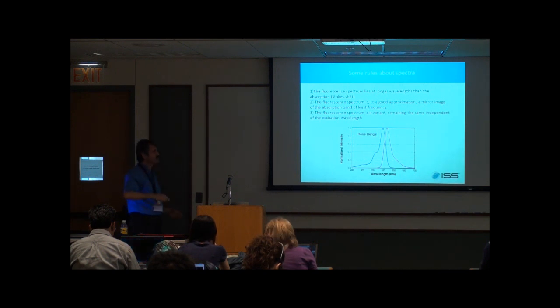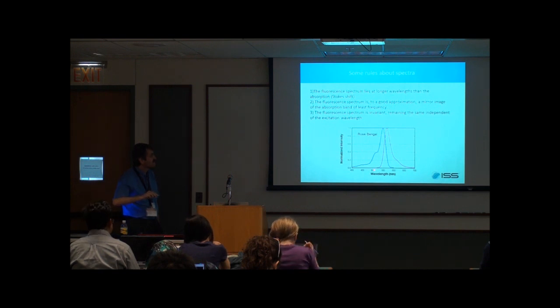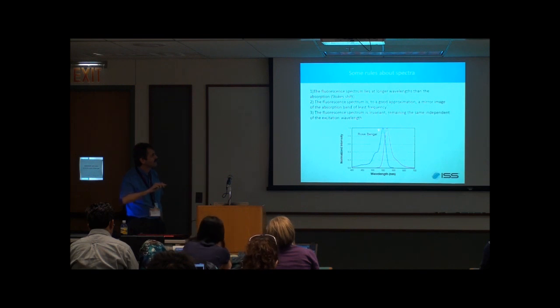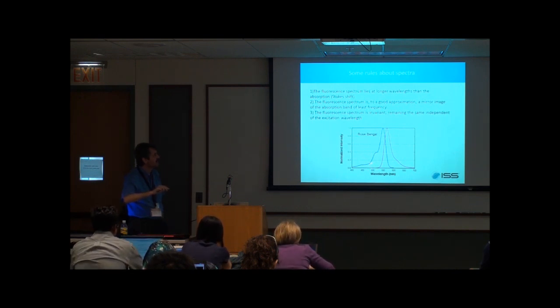But the rule is followed by several substances. What is also important to notice is that the emission spectrum doesn't really change if we excite at different wavelengths within the excitation spectrum. In other words, if we were to excite at about 520, or at 500, we would still get the same emission spectrum.